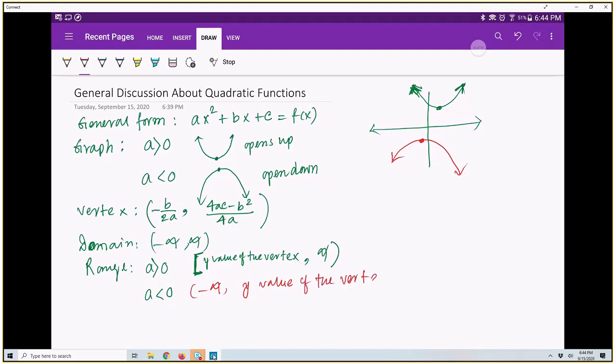And it has also given us a beautiful structural concept. If a is greater than 0, we say the parabola has a minimum. This point is the lowest point, so it is a minimum. So we say the function has a minimum at the x value of the vertex.